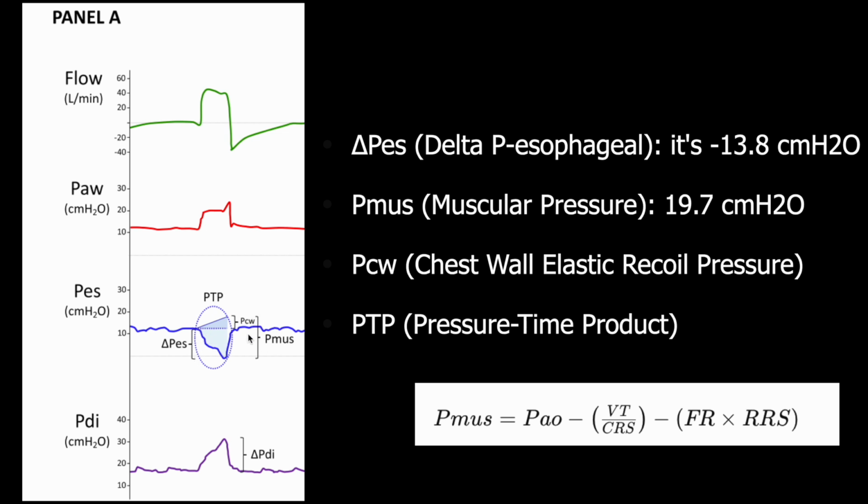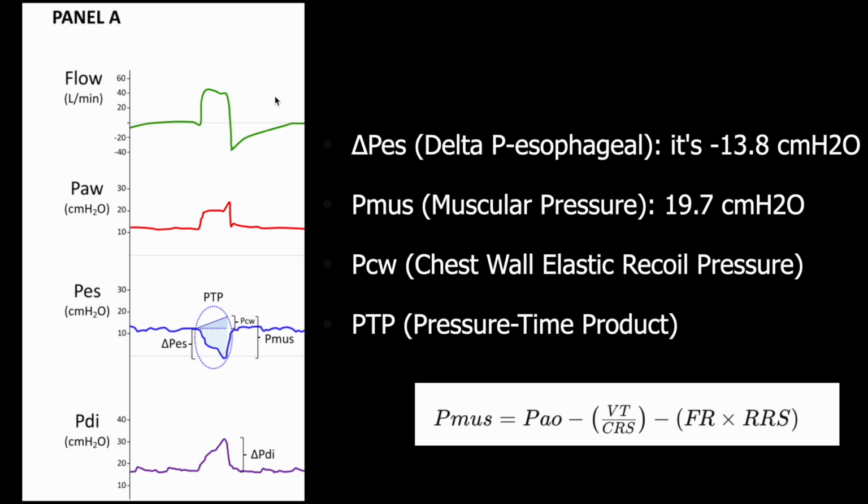When you subtract these two, what you will get is the chest wall recoil pressure. From there, you can calculate the area under the curve, which will give us the pressure time product. This represents the work of breathing over time. In this particular case, it comes out to be 10.